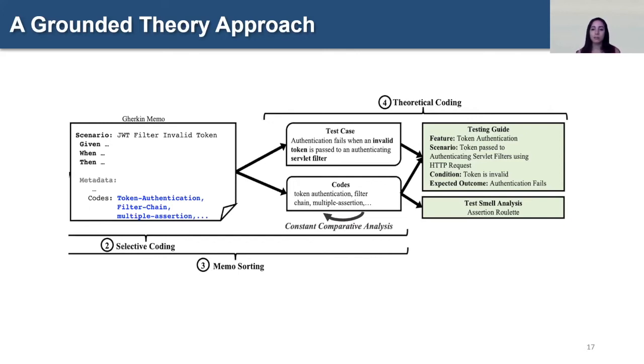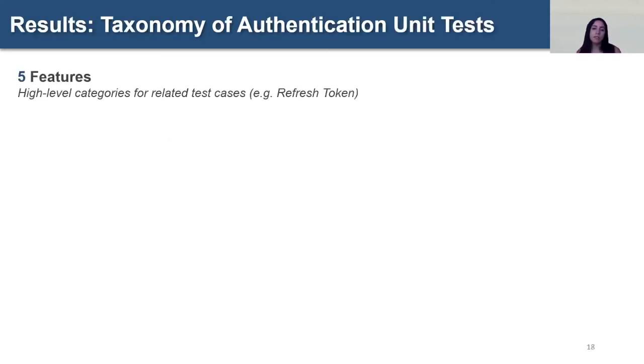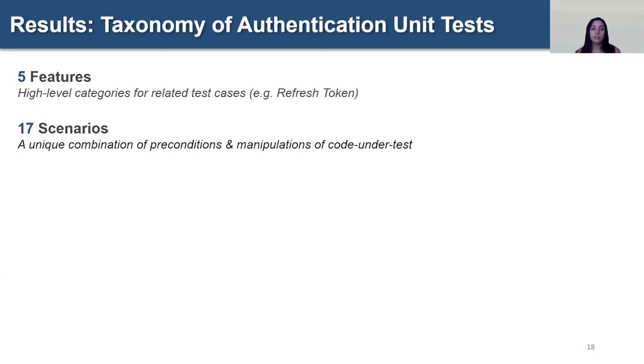So the testing guide is based on the taxonomy that we developed through theoretical coding. So this starts with 5 features. These are high-level categories for related test cases. So for example, refresh token. We had 17 unique scenarios, which are combinations of preconditions and manipulations of the code under test.